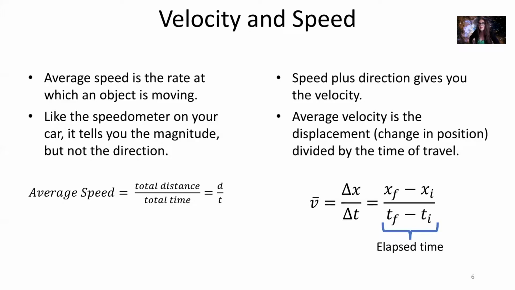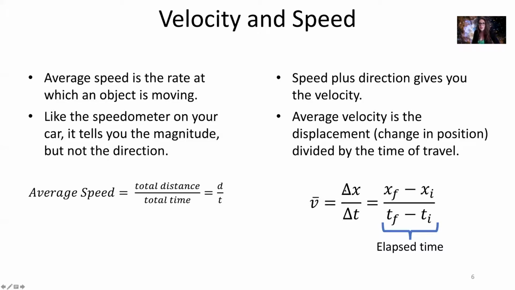Now, speed plus direction gives you your velocity. Your average velocity is your displacement, that's your change in position, divided by the time of travel. We have the V here for velocity, with a little bar over it, which represents the average.